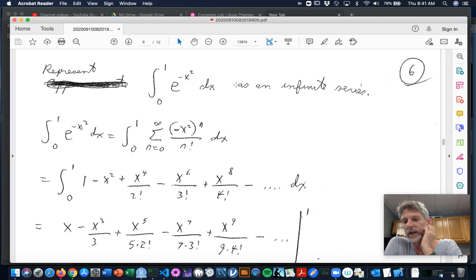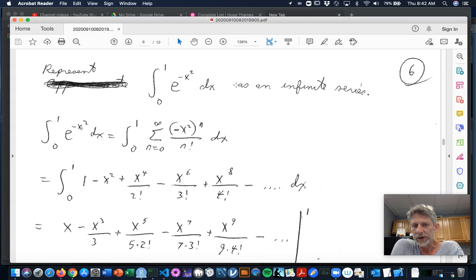Here's an interesting application. There are lots and lots of integrals that we can't find exactly. Here's one of them: the definite integral from 0 to 1 of e to the negative x squared. The reason we can't find it exactly is we cannot find a closed form antiderivative for e to the minus x squared. We could use things like Simpson's rule to approximate it.